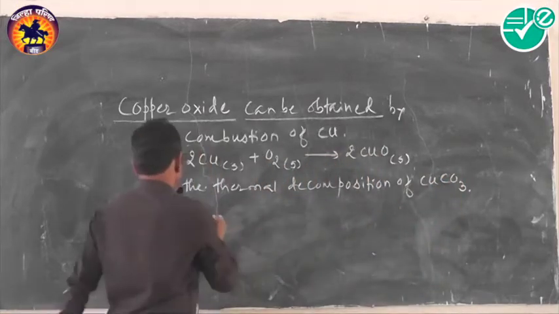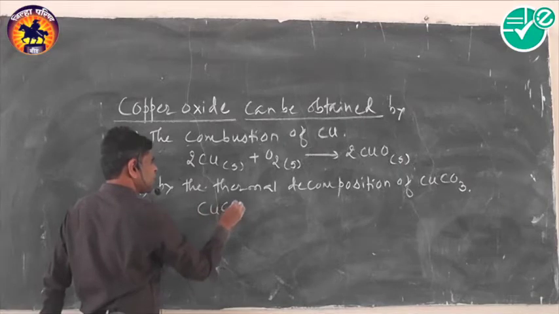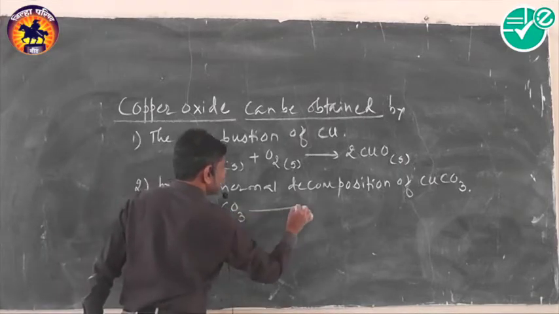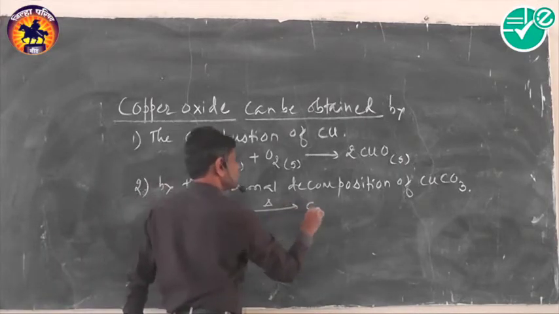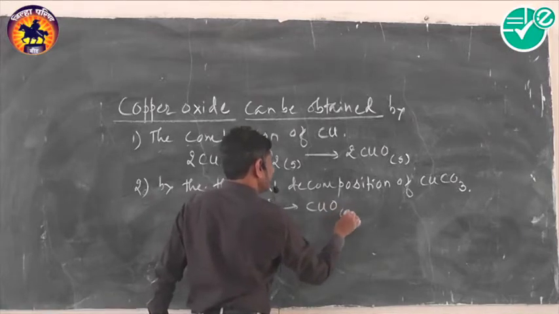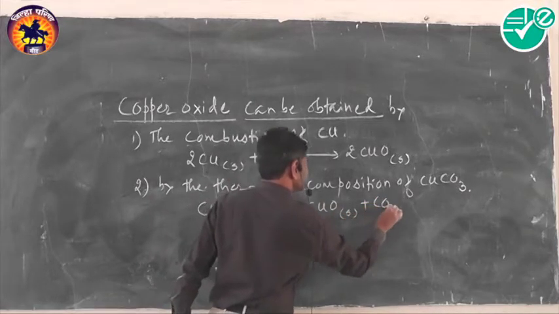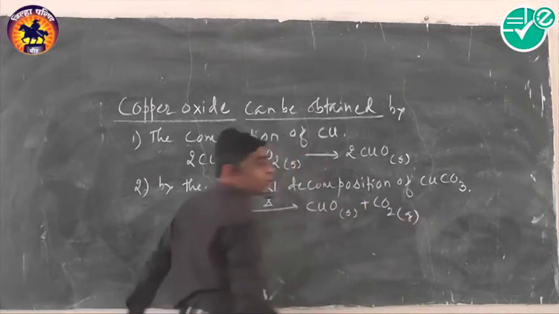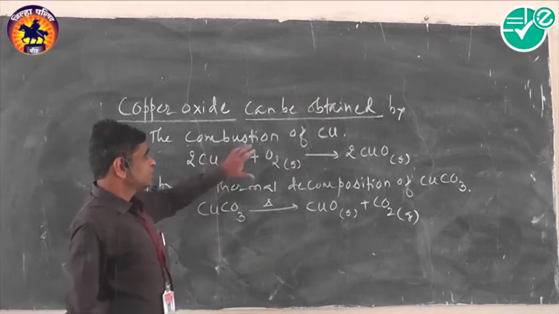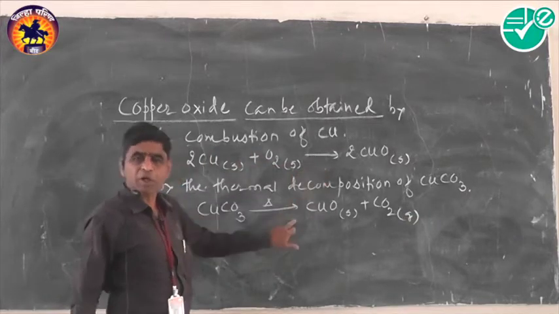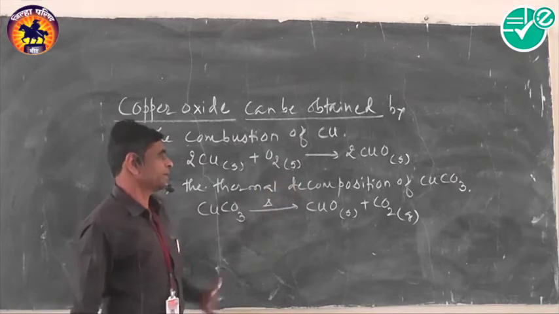When thermal decomposition of copper carbonate is carried out, it gives copper oxide and carbon dioxide. So there are two different methods for the preparation of CuO, copper oxide.